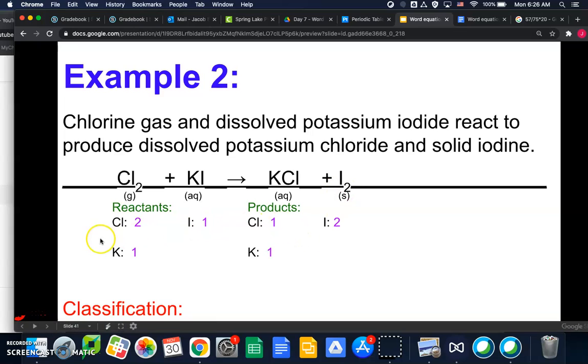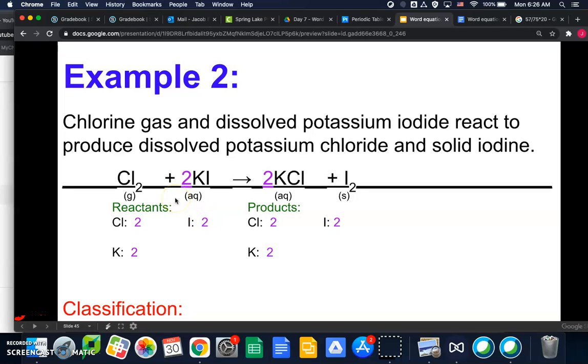Okay, so we'll start by trying to balance the chlorine. So we'll add a 2 in front of potassium chloride. Now that makes it so that we have 2 chlorine and 2 potassium on this side. So now to balance the potassium and the iodine, we'll put a 2 in front of potassium iodide. Now we'll have 2 of each kind of atom on each side.